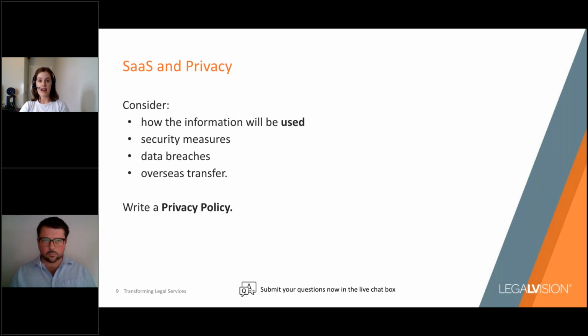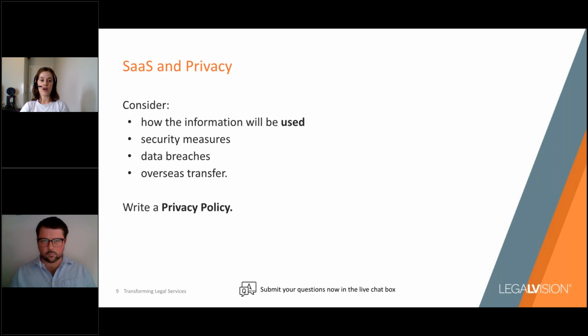If your SaaS handles any particularly sensitive information, things like health information, your customers, again, are going to want to see that you're handling that information in accordance with the Australian Privacy Principles. This means that you're not using it for purposes other than the primary purpose for which it was collected, or without consent.